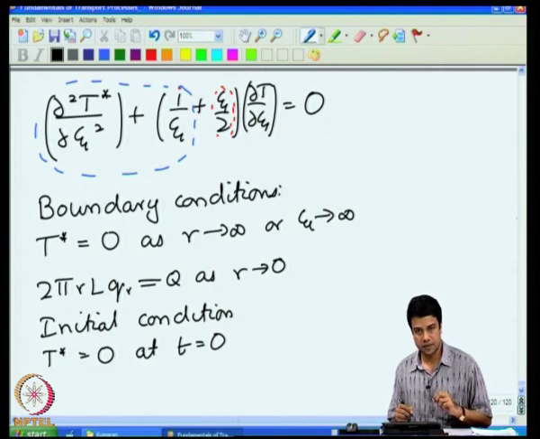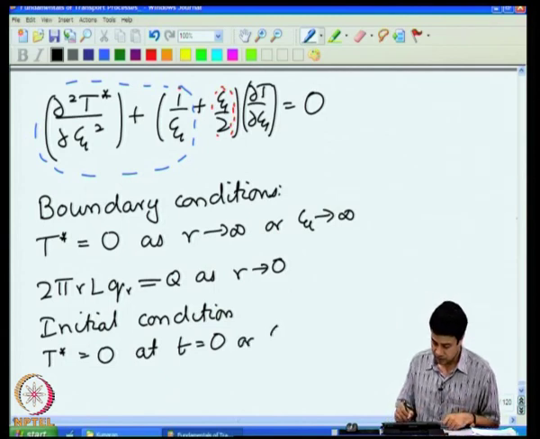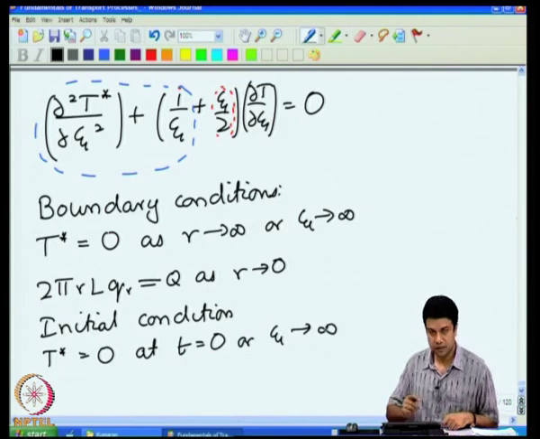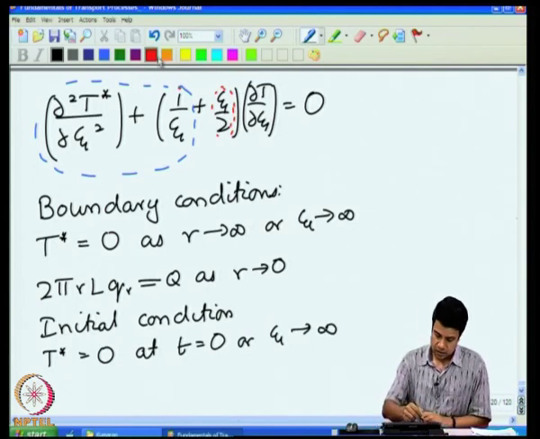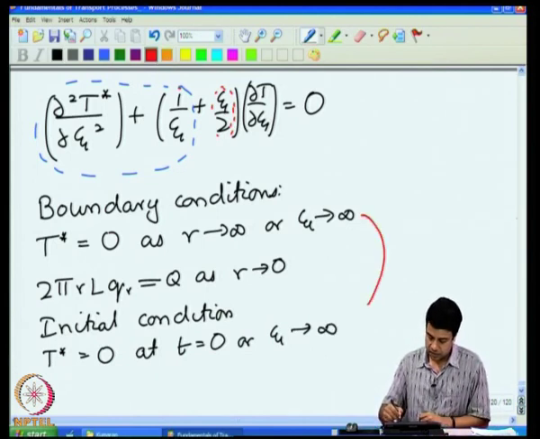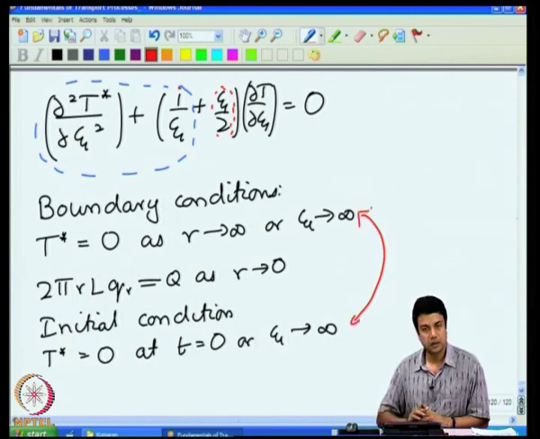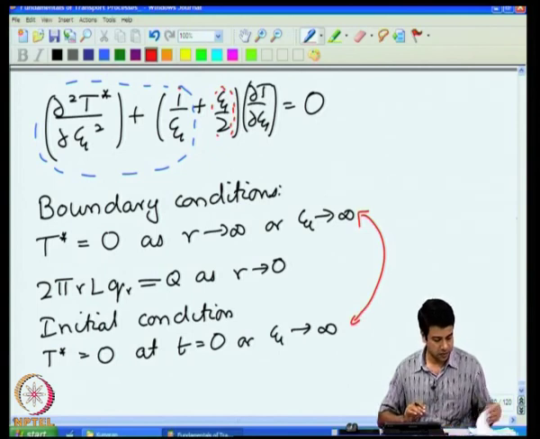So t equal to 0 is equivalent to psi going to infinity. These two, one boundary condition and one initial condition, turn out to be the same, as in the case of Cartesian coordinates. So, in common with Cartesian coordinates, in this case as well, one initial and one boundary condition turn out to be the same. So, we can solve this subject to these two constraints.